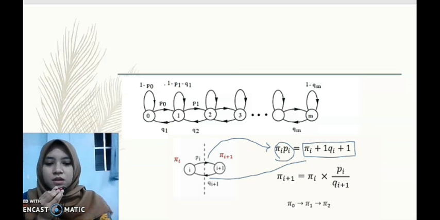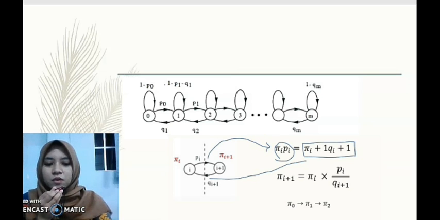And with the same argument, this is the frequency with which transitions of the other kind are observed: pi i plus 1 times q i plus 1. Since these two frequencies are the same, we get an equation that relates pi of i to pi of i plus 1. This is the frequency that we observe of this transition, and these are the frequencies of that transition, and they have to be equal.